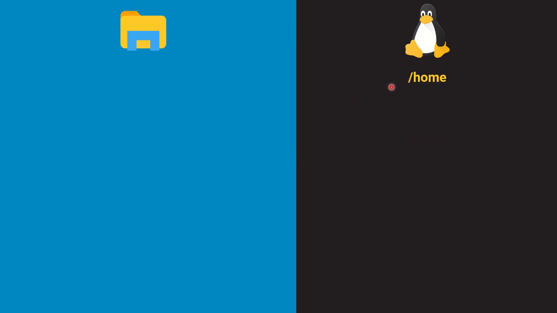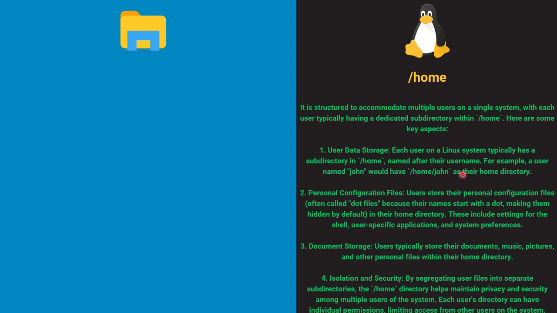/home is equivalent to the users directory that we see in Windows. It is structured to accommodate multiple users on a single system. It is used for storing user data, personal configuration files of the user, documentation storage, isolation and security.